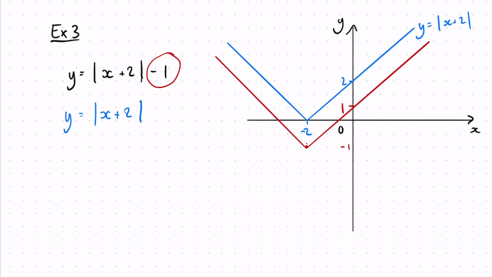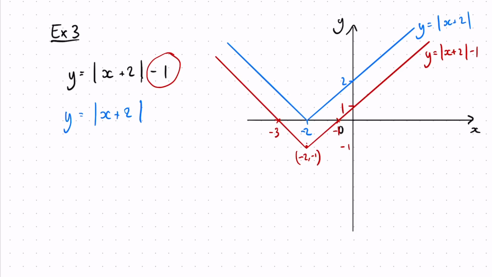The turning point, the vertex at -2, 0, will now become -2, -1. And then it will cross back over here at -3 and cross over here at -1. Okay, so that's just a quick sketch of this graph, y equals modulus x plus 2, minus 1. Like I say, same as the y equals modulus x plus 2 graph, just then shifted down 1.